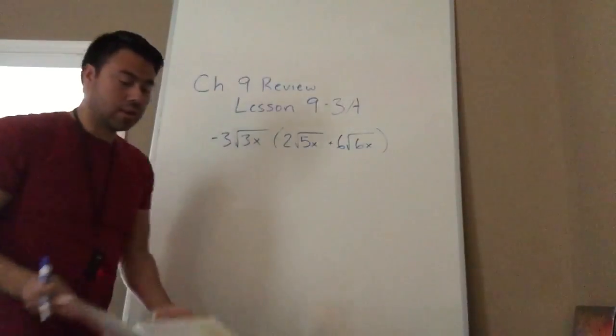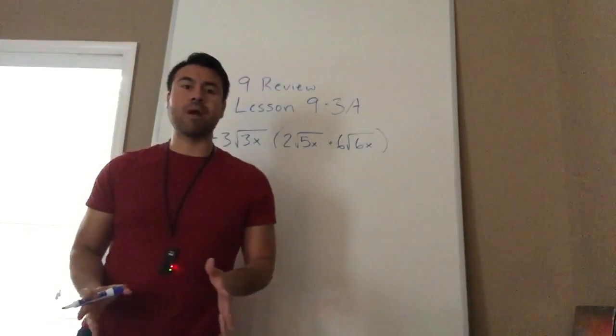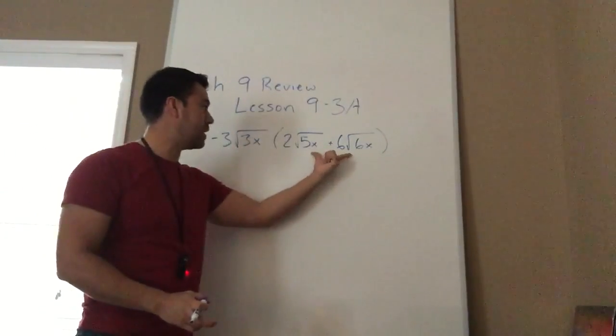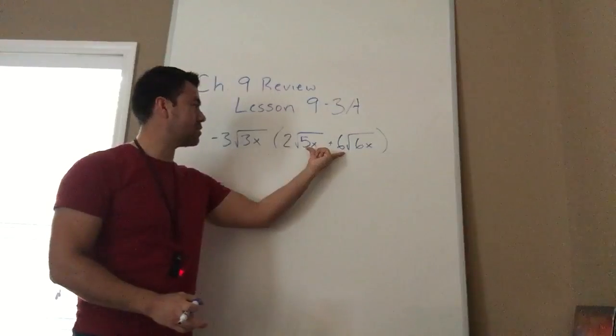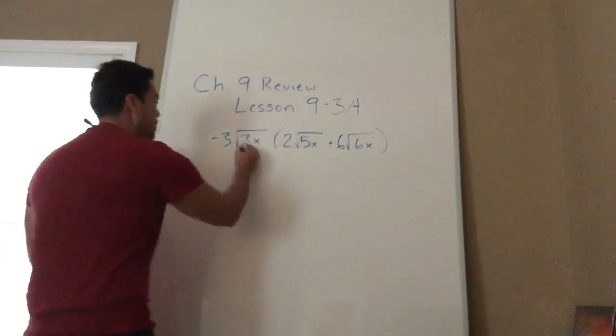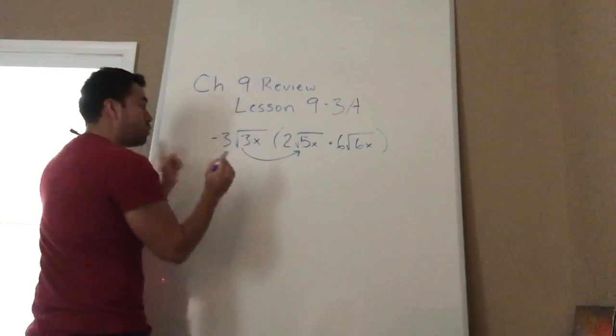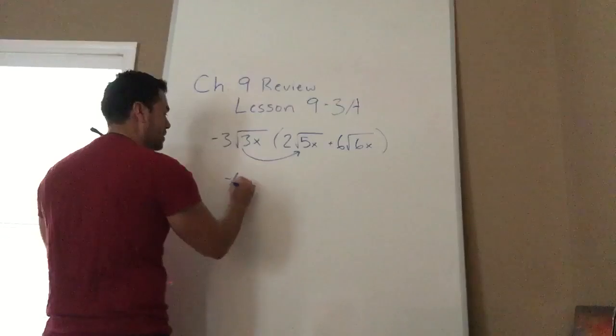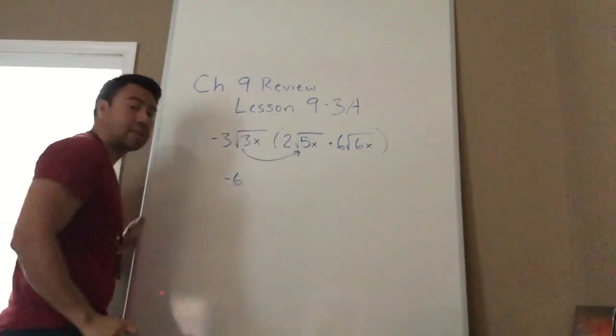Okay, so in this case, you're going to use the distributive property because you have a term multiplied by two terms being added. These cannot be combined because they're not like terms. So I'm going to use that distributive property. When you multiply radicals, you can multiply the numbers outside. So that gets me -6. That's -3 times 2, -6.